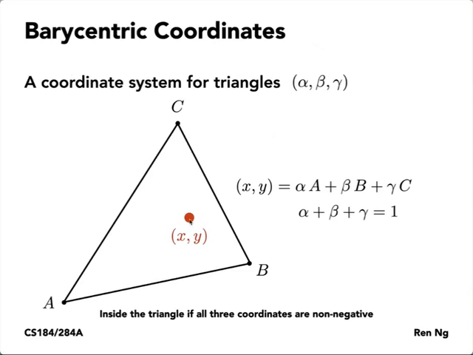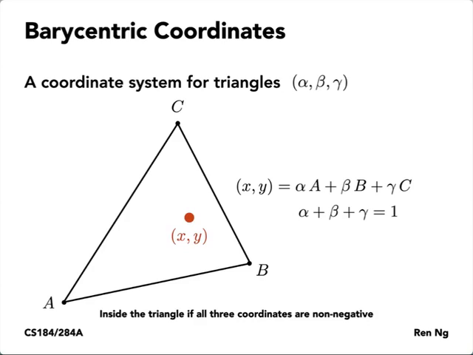And this location XY inside this triangle would have, sorry, let me back up for a second. If we specify some kind of value at the vertices, I'm being abstract here, A, B, C. Those could be colors. Think about those colors for now.